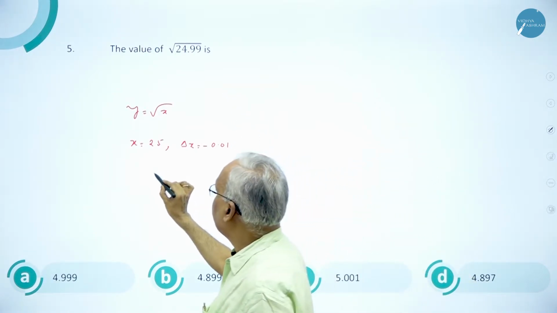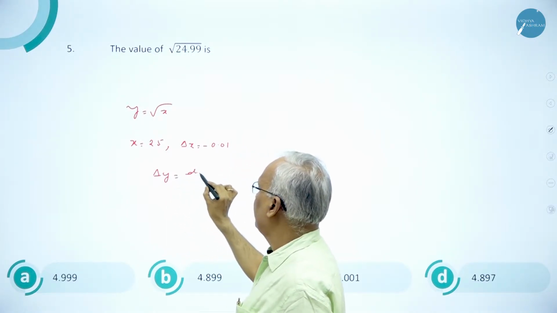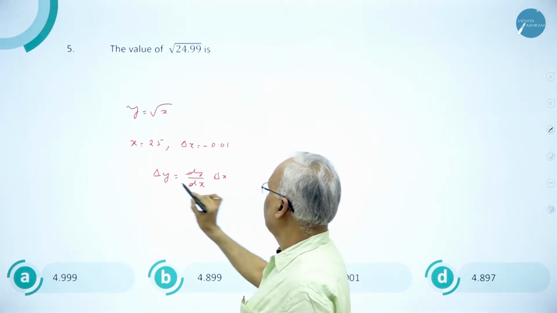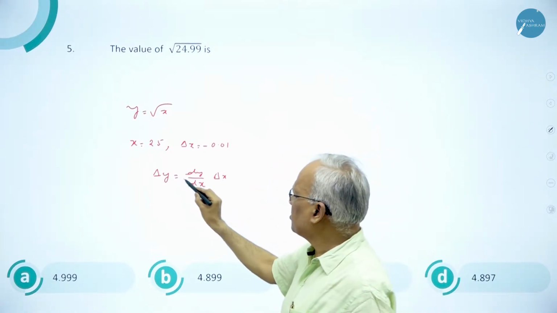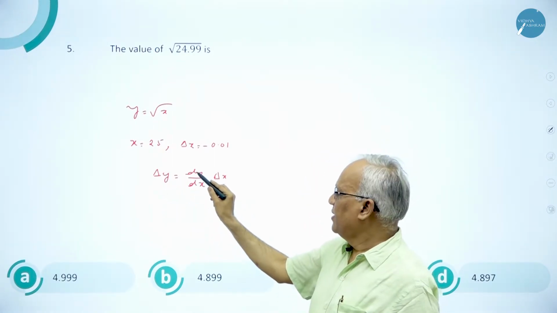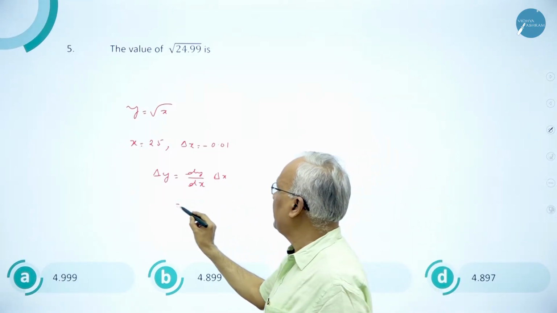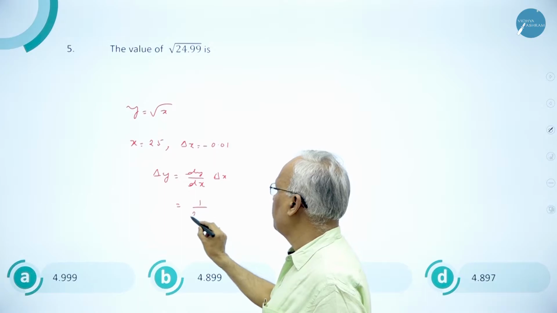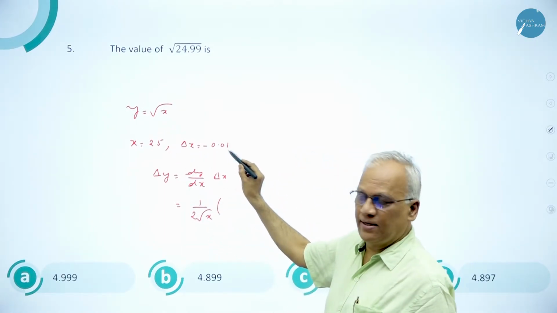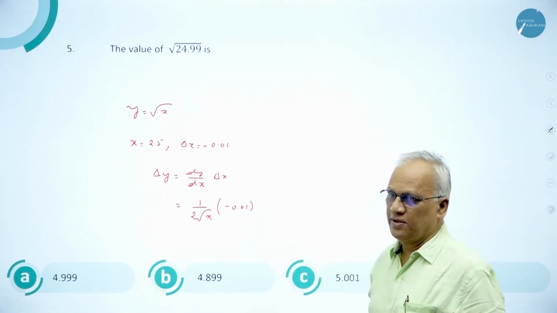Now, you want change in y. What is delta y? Delta y, by differentiation, is dy by dx into delta x. So, this is the rule: when delta x tends to 0, delta y is very, very close to dy by dx into delta x. So, dy by dx is 1 over 2 root of x, and delta x is minus 0.01, which is also given.